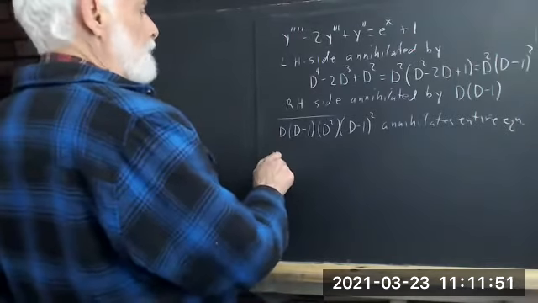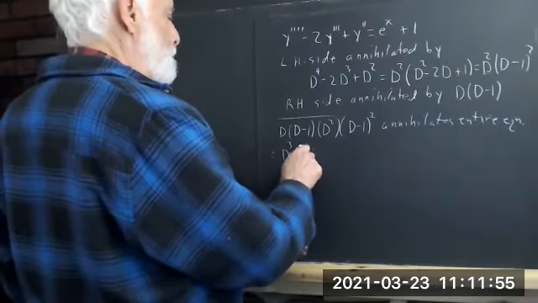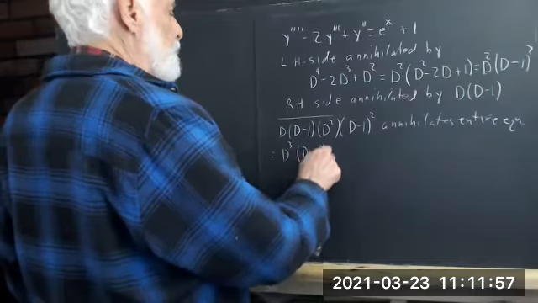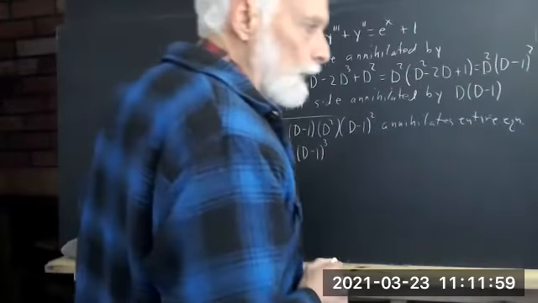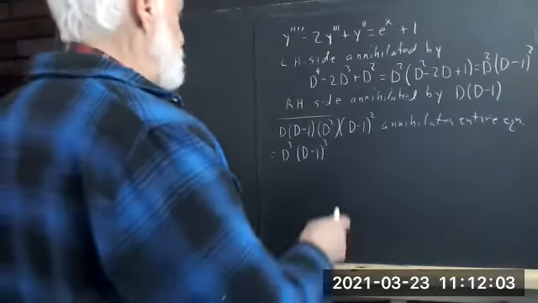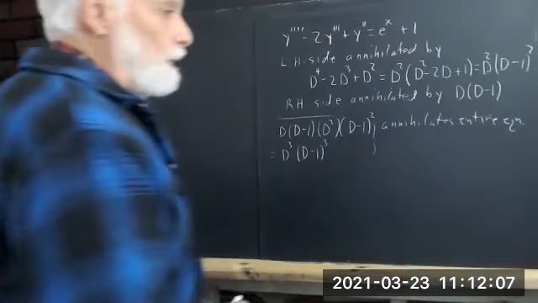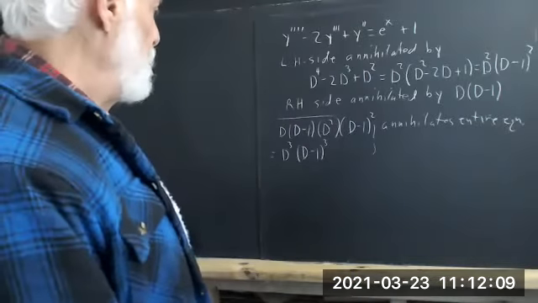And of course, we can write that as D cubed times the quantity D minus 1 cubed. So this annihilates the entire equation.